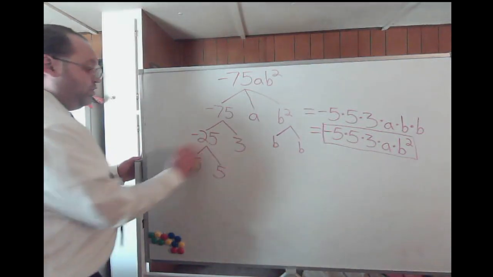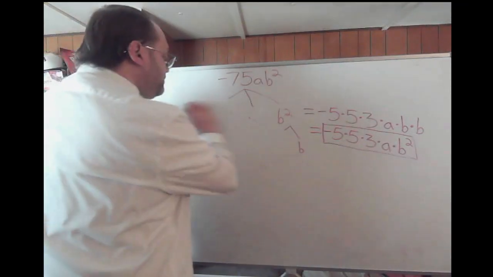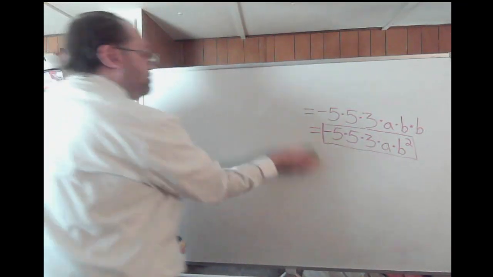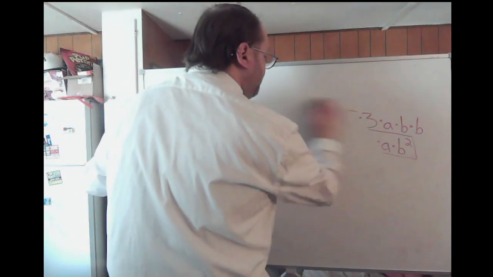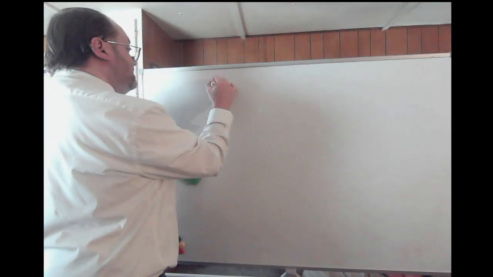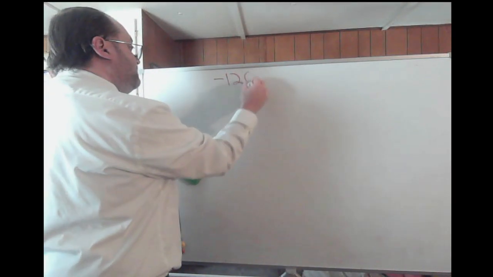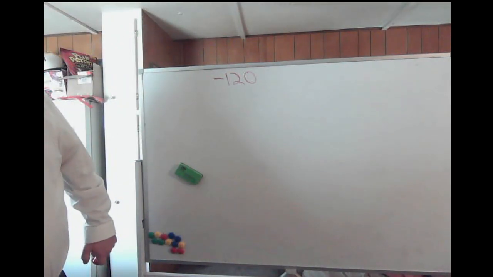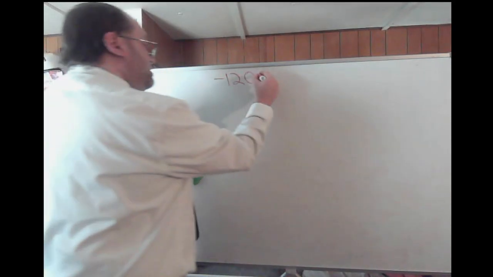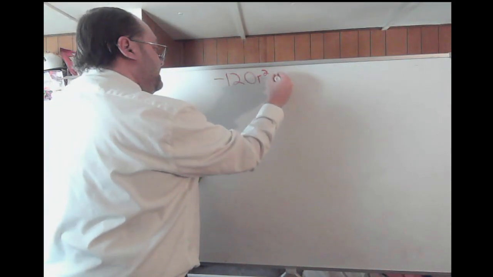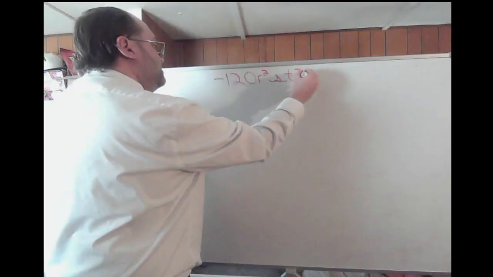Alright, I got one more. Alright, we got negative 120 r squared s t cubed.